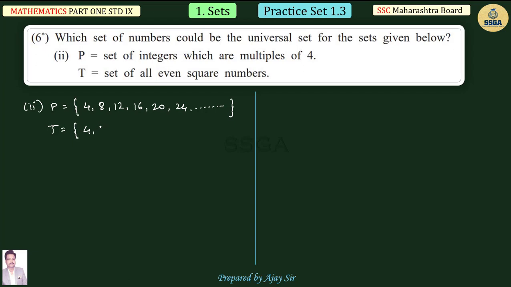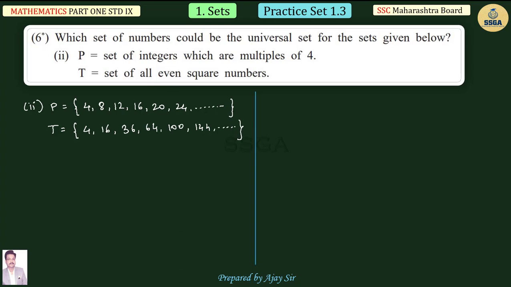So here you have to take squares of even numbers 2, 4, 6, 8, 10. 2 square is 4, 4 square is 16, 6 square is 36, 8 square is 64, 10 square is 100, 12 square is 144 and so on. So this is the T set.